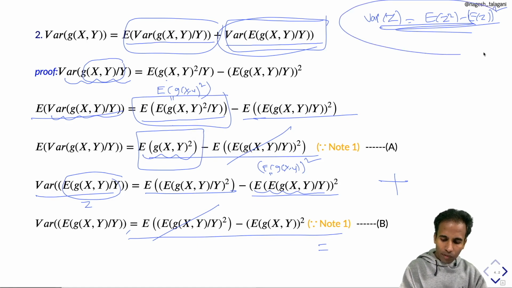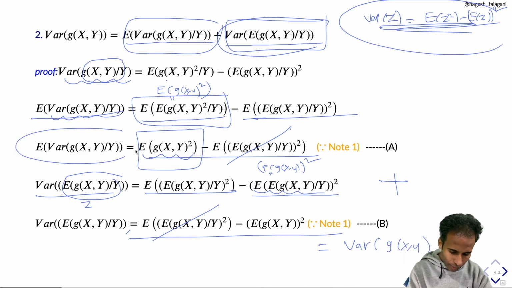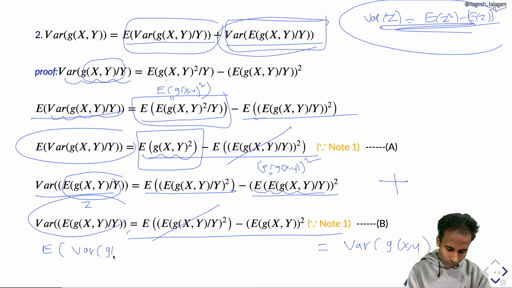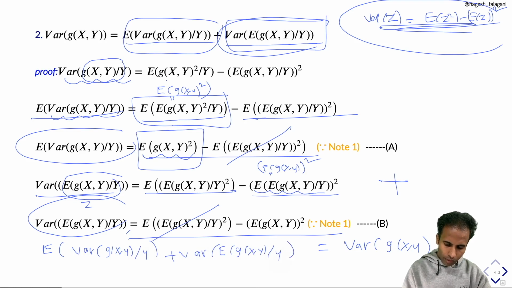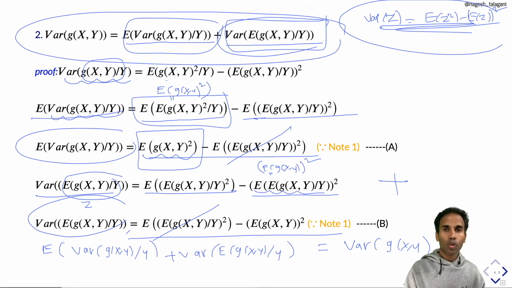Again, by following this rule, we can write the variance of g(X,Y). On the left-hand side we have this one plus this one, that is, the expectation of the conditional variance of g(X,Y) given Y plus the variance of the conditional expectation of g(X,Y) given Y. Okay, so this is what the note 2 says.